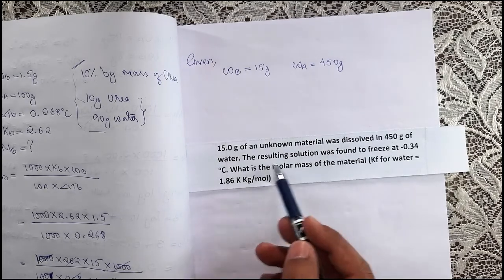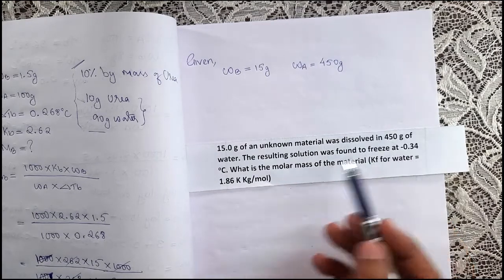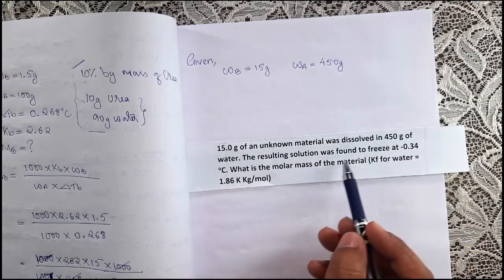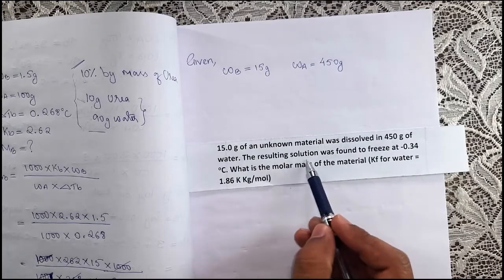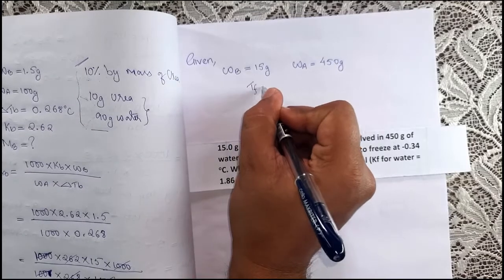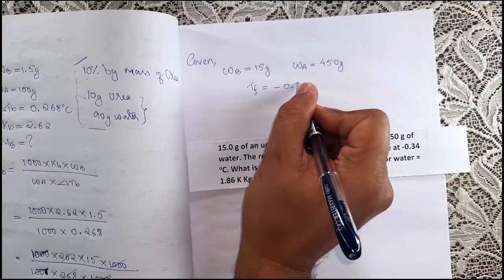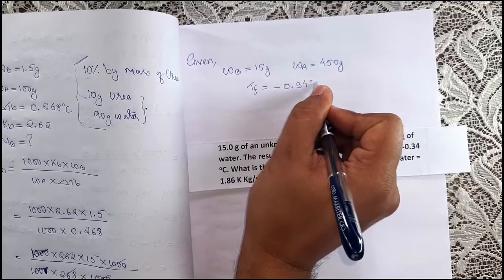The resulting solution was found to freeze at minus 0.34 degrees Celsius. So that is the freezing point, and it is saying the resulting solution. So what do we have? Tf, that is minus 0.34 degree Celsius.